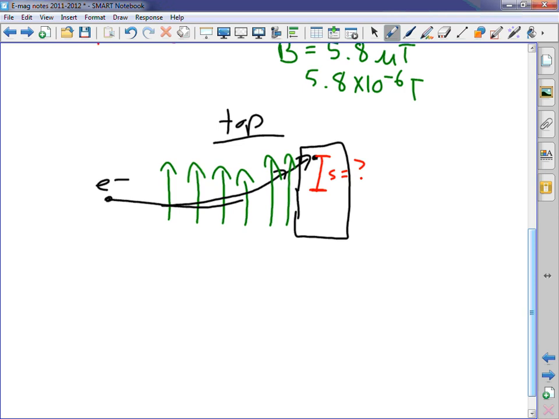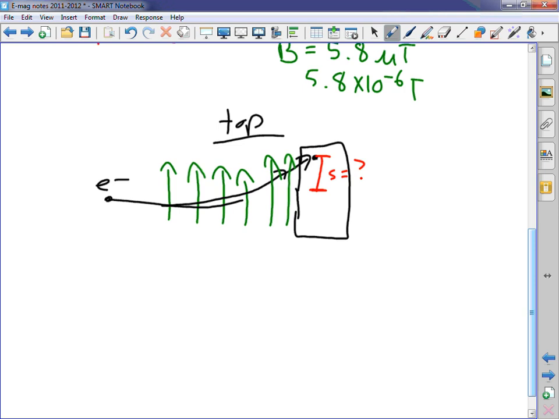So if I can figure out the magnetic force, I can figure out the acceleration on the electron. Then I can use that acceleration with kinematics to figure out where it's going to hit. So that's the sketch of where we're going here. Now let's start setting it up.